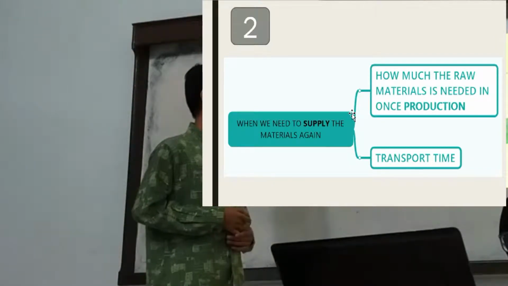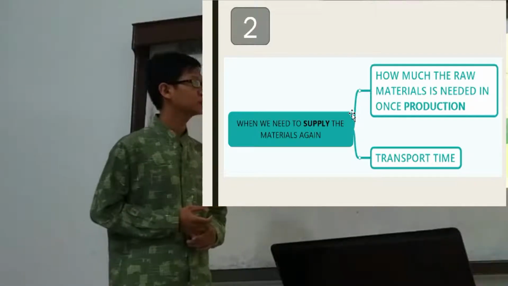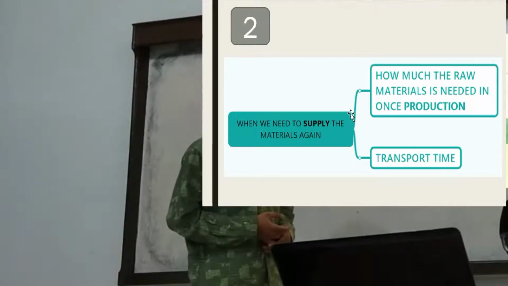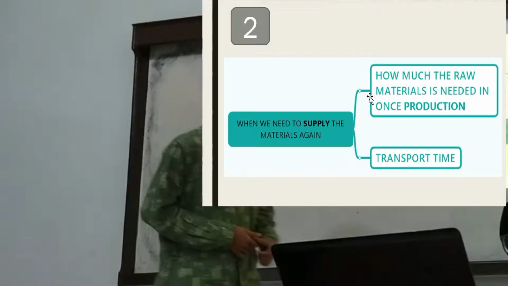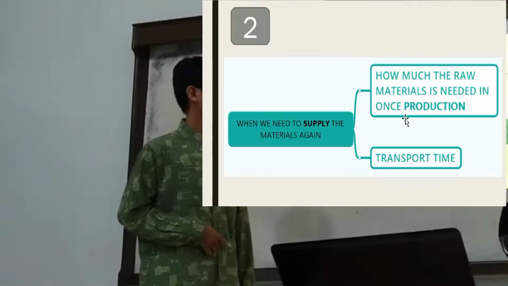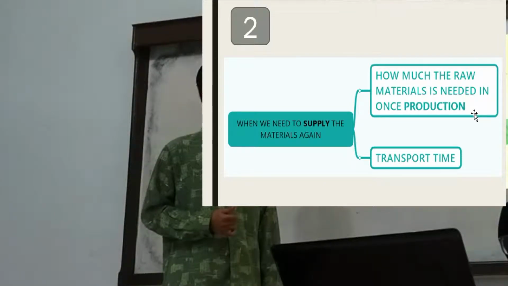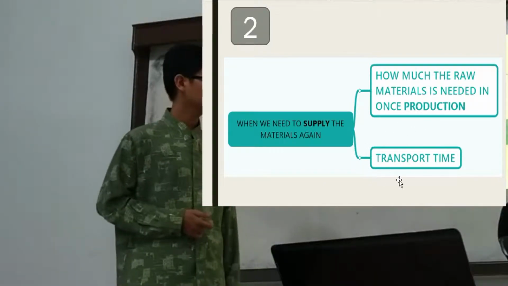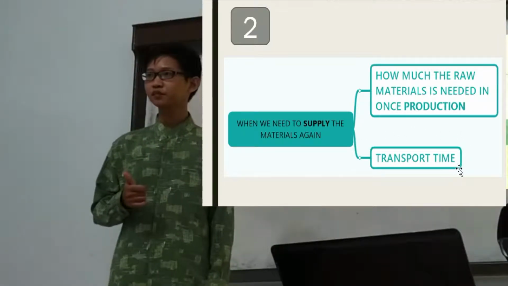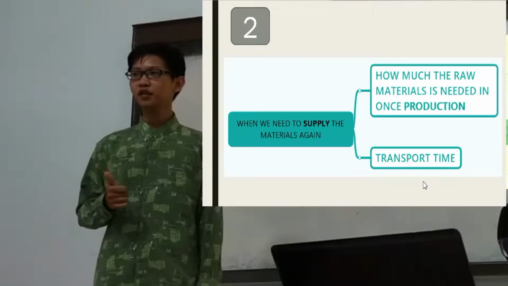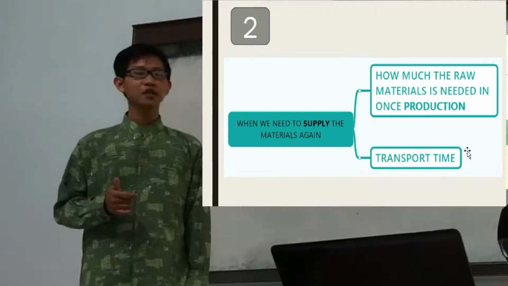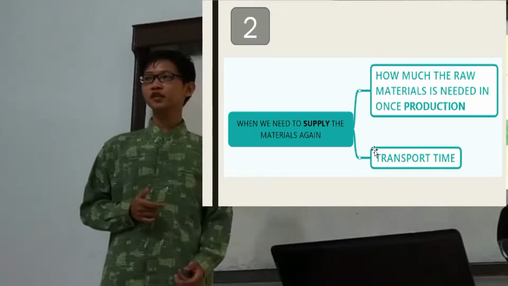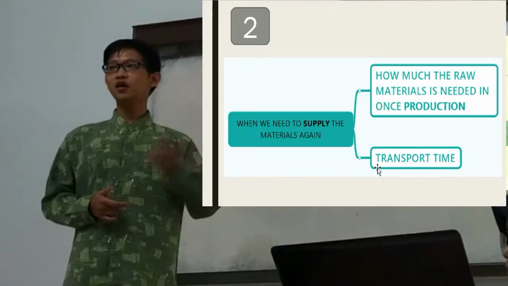So we should know when we need to supply the material again, and how much raw material is needed in mass production. And this is the second aspect that we should know, that is transport time. Because in production, we should consider how long it takes to transport the product to our inventory.